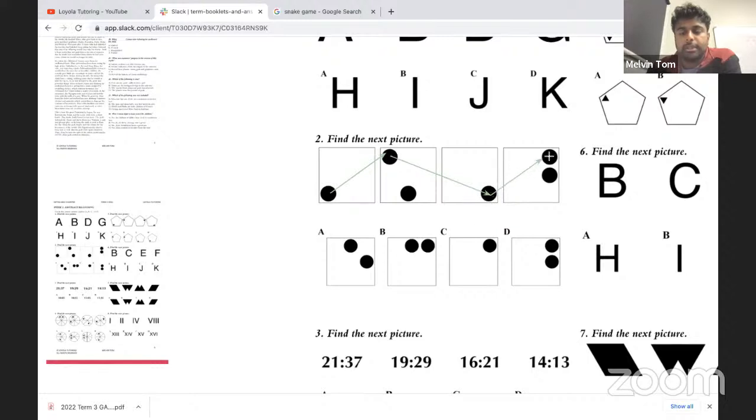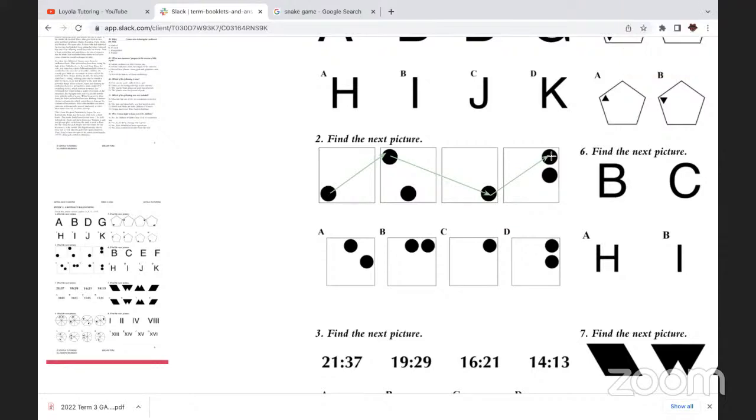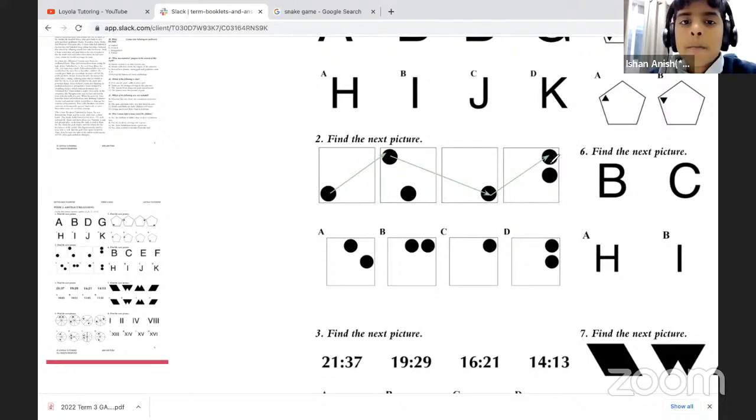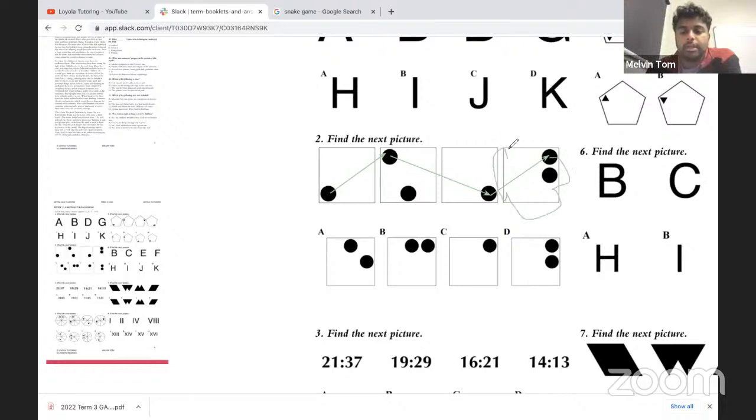Then it went up here, so it's plus 3. So what's the next one? Plus 4. Good. Okay, so it goes 1, 2, 3, and back to the original position. So that means A is not correct. And it could be B, C, or D.